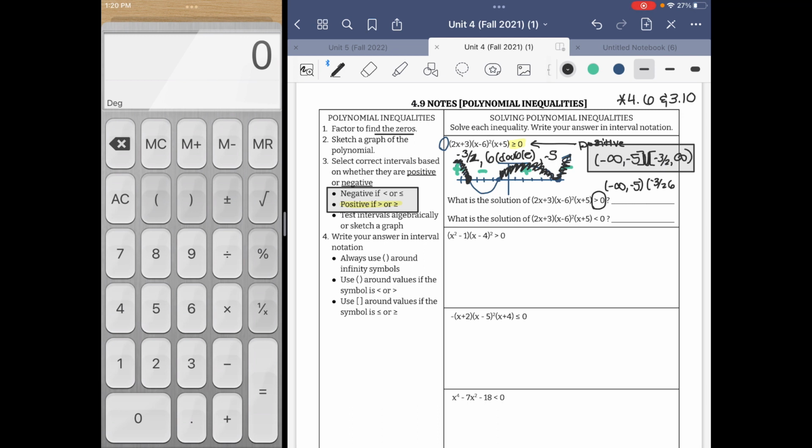I would have to count out the number 6 like this, because right here in the middle, I wouldn't be able to include that point because it's where it equals 0. And if it was less than 0 instead, I would want the negatives, which is everything below, so right here, between -5 and -3/2.